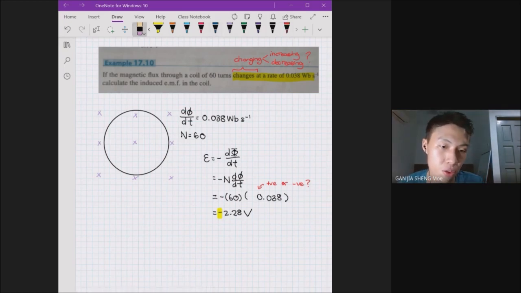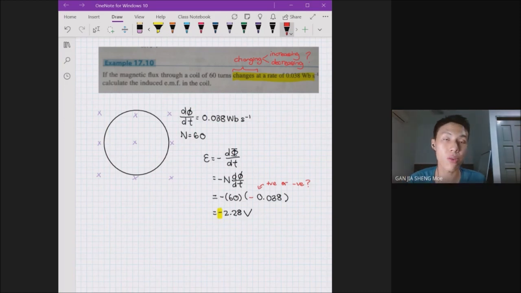But if your magnetic flux is reducing or decreasing at a rate of 0.038 Weber per second, then you need to put negative here. If it's decreasing, then you become positive 2.28 volt for your induced EMF.